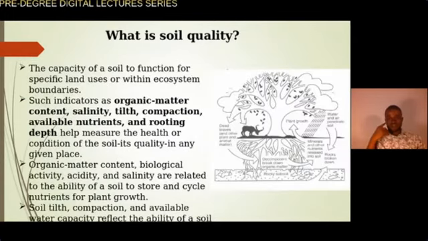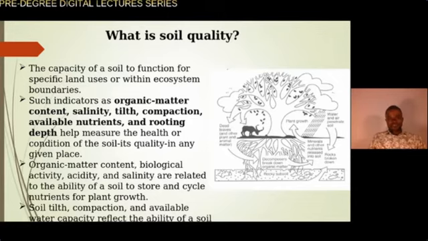Now, what do we understand by soil quality? What do we mean when we say the soil is of high quality? The quality of the soil is defined by its capacity to function for specific land uses or within ecosystem boundaries.